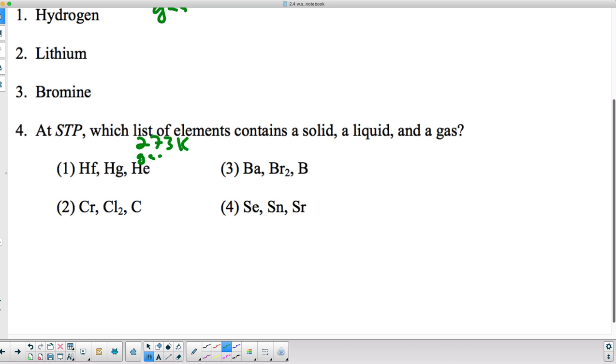I can tell you this one is a gas. I'm not sure about Hg, and I'm not sure about the other, but you do that for each one of these to find out which one is a solid, liquid, and a gas. So you have all three states represented in each group. Find out which one has a solid, liquid, and gas in the whole group, and then circle that.